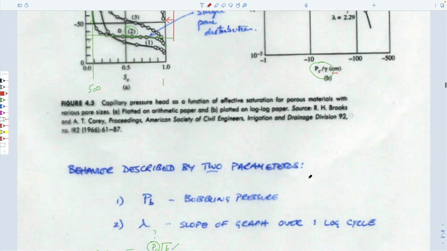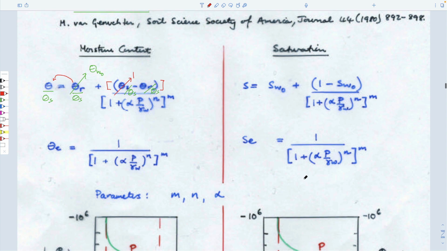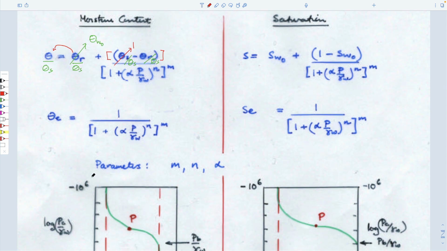All we're doing is exactly the same in this. Not important to really understand that here. And so we get a relationship that defines the effective volumetric moisture content or the effective saturation as a function of matrix potential. This is capillary pressure divided by unit weight of water.